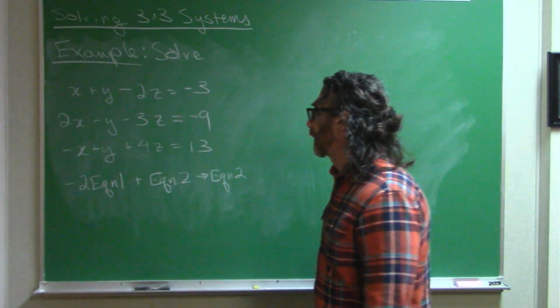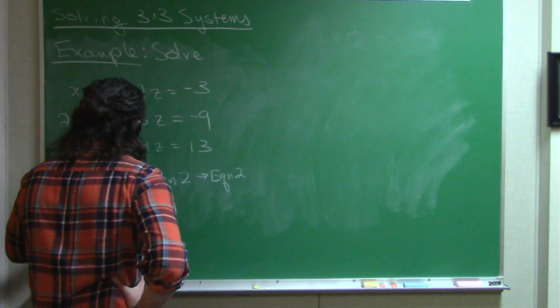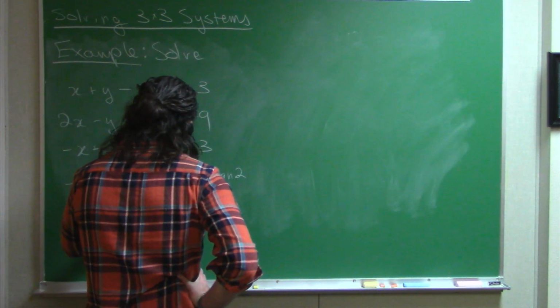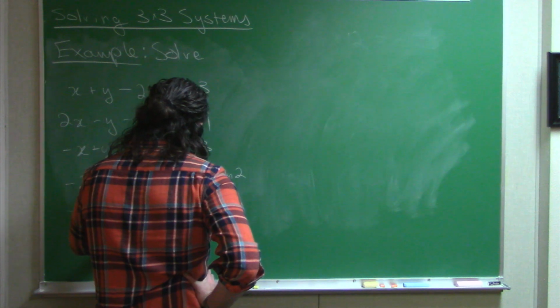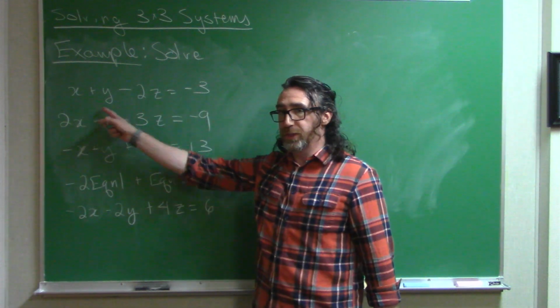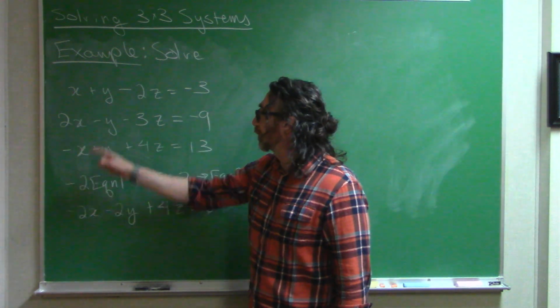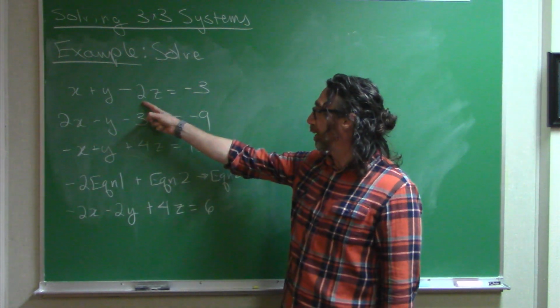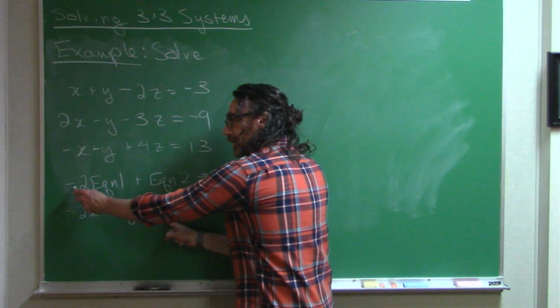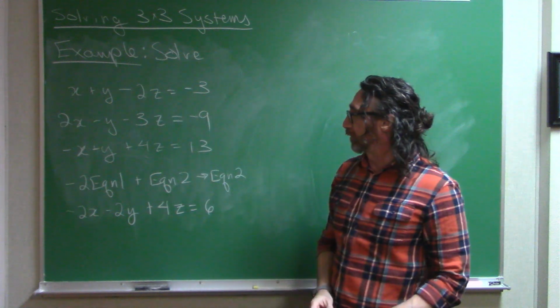So let me do that here. Negative 2 equation 1 becomes negative 2x, negative 2y, plus 4z equals 6. Remember, every term has to get multiplied by negative 2. So this becomes negative 2x, negative 2y, positive 4z, and then positive 6 on the other side.